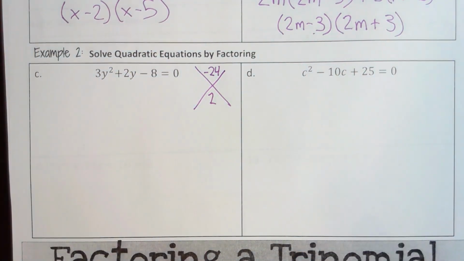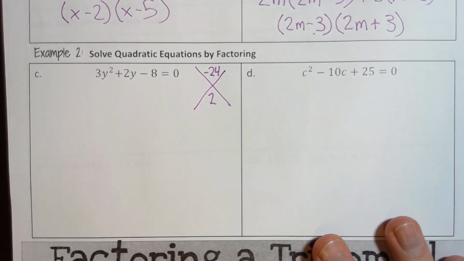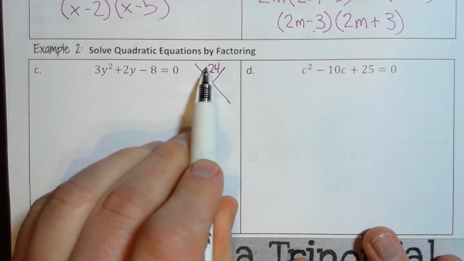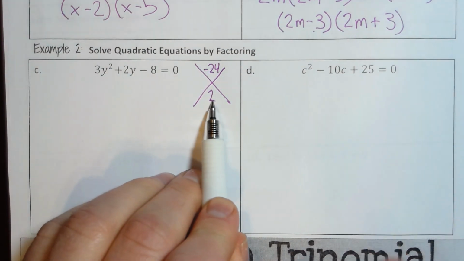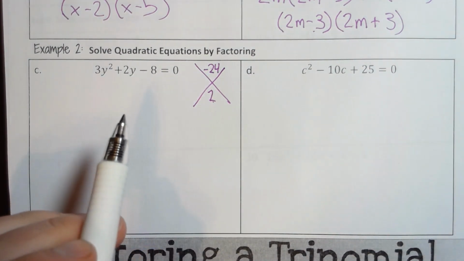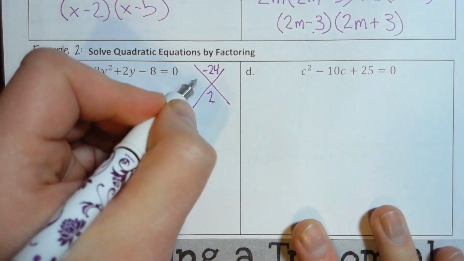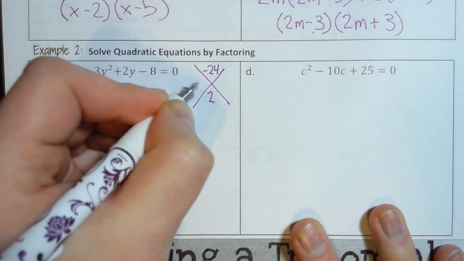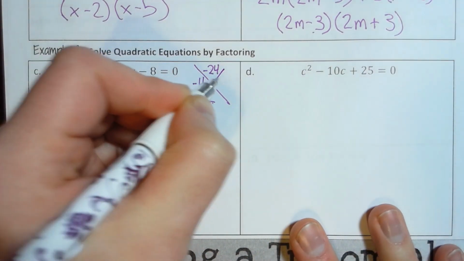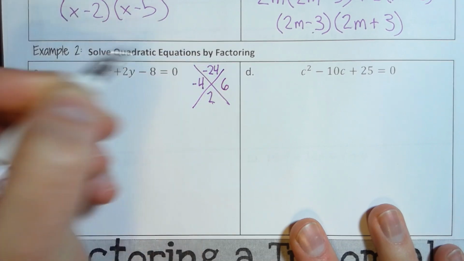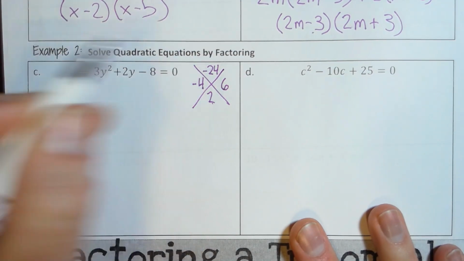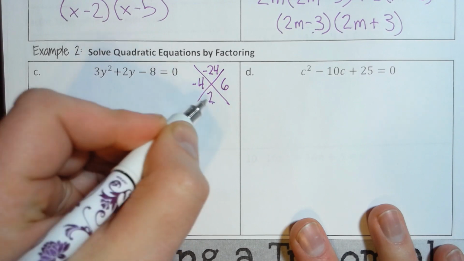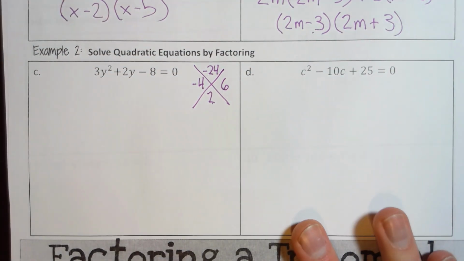It is 2. Now I'm going to ask myself what times what gives me this, but adds up to be this. This is going to be a negative times a positive, obviously. I think that this is going to be negative 4 and 6. Negative 4 times 6 gives me negative 24. But when I add them together, I get a positive 2.